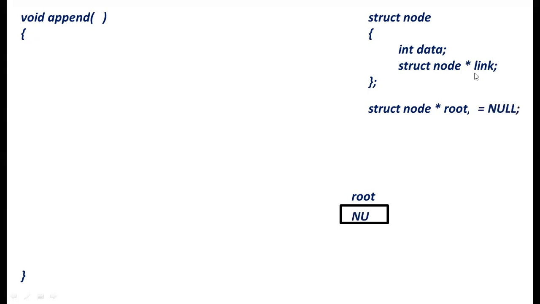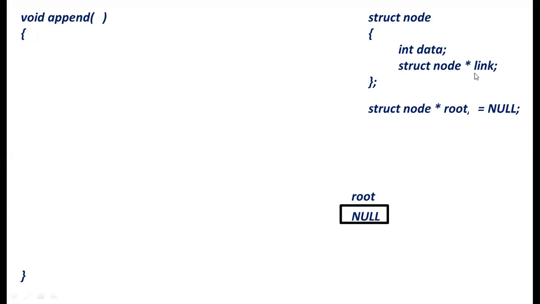For more clarity, you can specify struct node pointer root is equal to null, but by default it will have the null value, because all global variables have the default value null. What does this indicate? If the root value is null, it means the linked list is empty, that is, it does not have any elements.